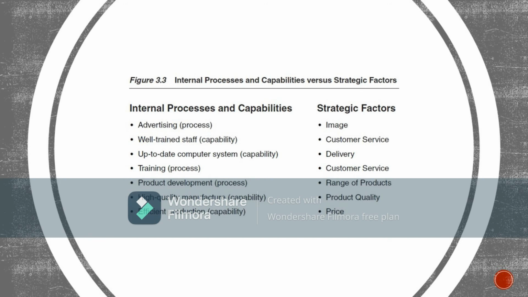In fact, the key to discovering strategic factors is to put ourselves in the shoes of our key stakeholders and figure out how they decide to choose our organization or business unit over others.